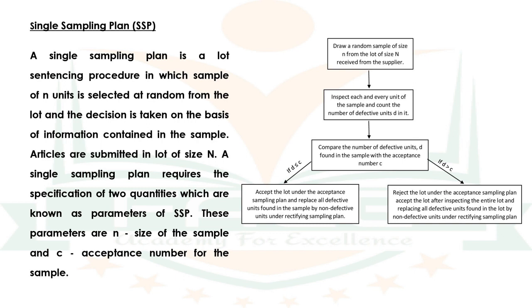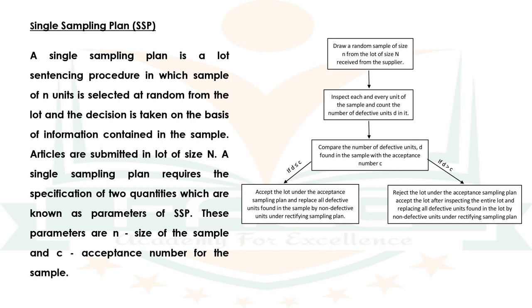Let's see how we conduct a single sampling plan. First, we draw a random sample of size small n from the lot of size capital N received from the supplier. Then, we inspect each and every unit of the sample and count the number of defective units D in it.